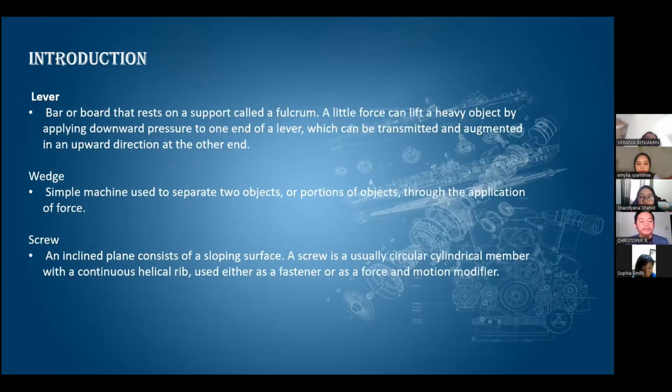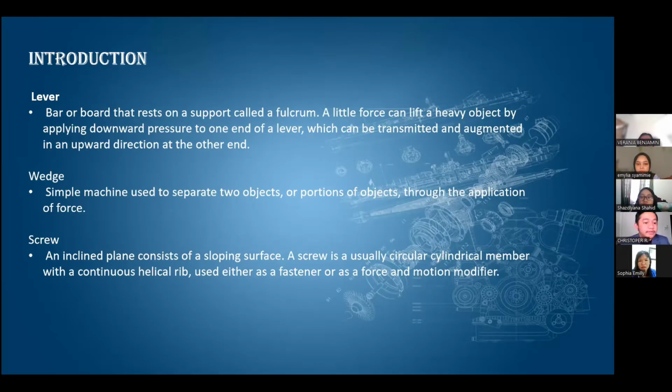The fourth one is the lever, a bar or board that rests on a support called a fulcrum. A little force can lift a heavy object by applying downward pressure to one end of the lever, which can be transmitted and augmented in an upward direction at the other end.